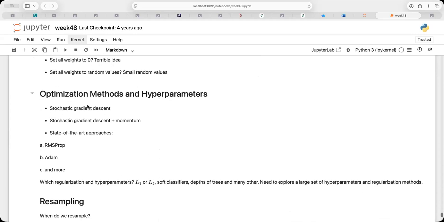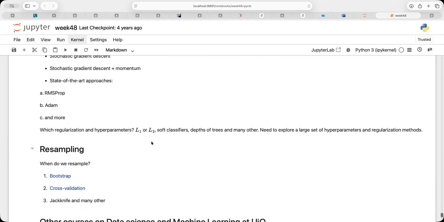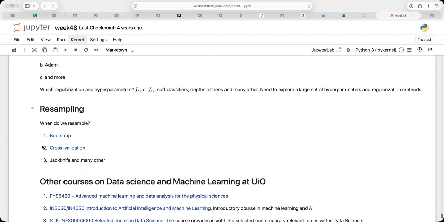Normally you would have small random values. Then the number of hyperparameters, the type of methods: stochastic gradient descent plus momentum, root mean square propagation, Adam, etc. And then which regularization and hyperparameters are useful. Then you do resampling, and the most common one is actually cross-validation. Bootstrap is another one we've been discussing.